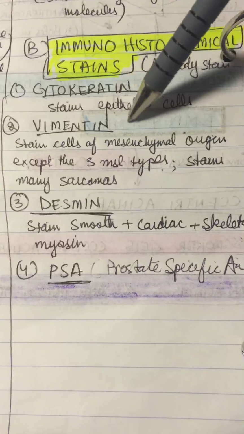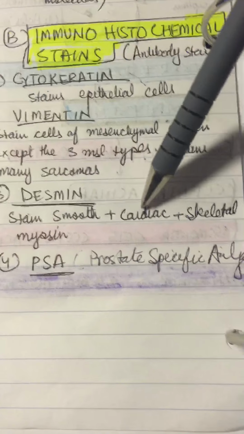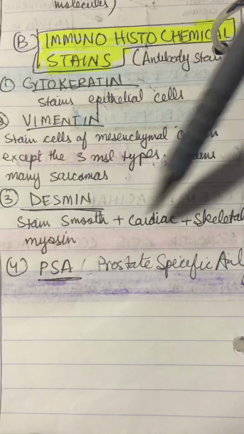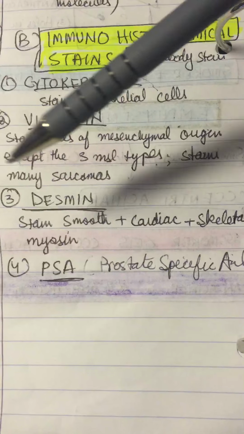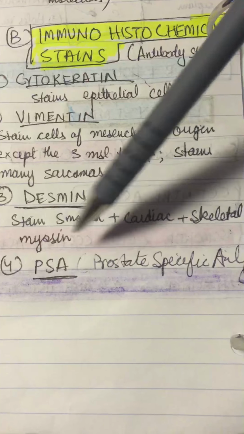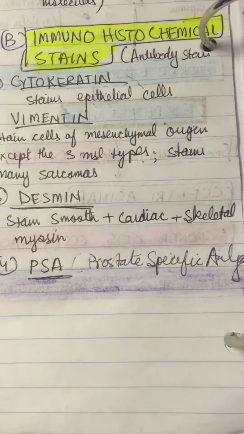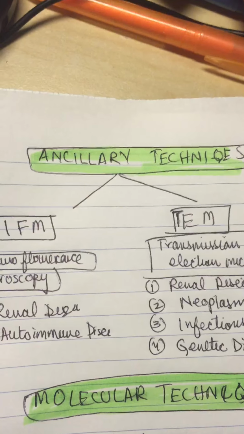Desmin is the one that is going to stain the three muscle types, that are smooth muscle, cardiac muscle, and skeletal muscle. And then the last but not the least is prostate specific antigen.